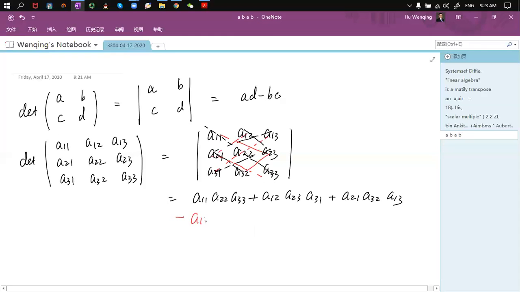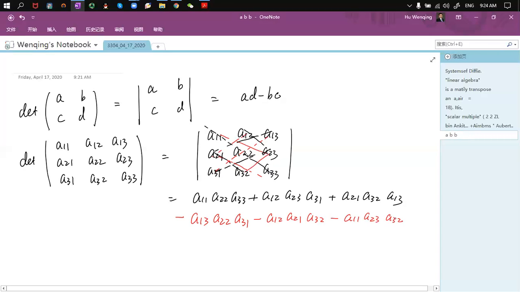So they are A13, A22, and A31, then A12, A21, A33, and A11, A23, and A32. So that's the diagonal and off-diagonal terms.